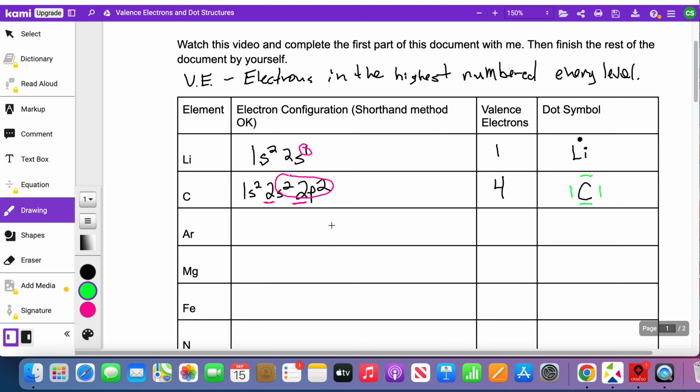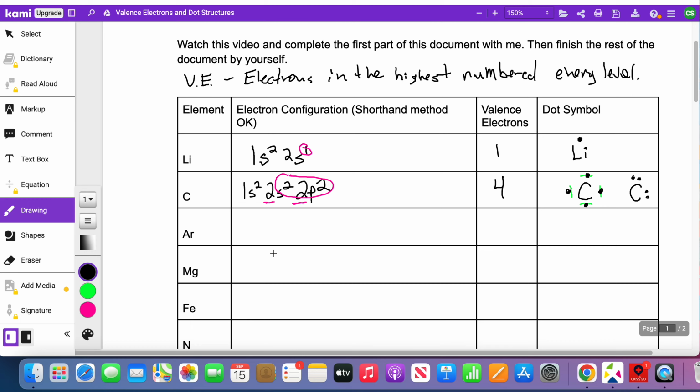Since carbon has 4 dots to show, I prefer to just show it like this: 1, 2, 3, 4. Some textbooks will say you got to put them in pairs. It doesn't really matter, but the rule is you can only have 2 per side. I prefer it this way for something I'm going to teach you later on, but you can do it either way.